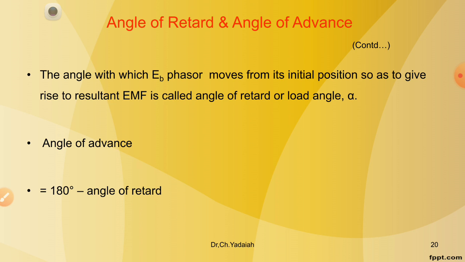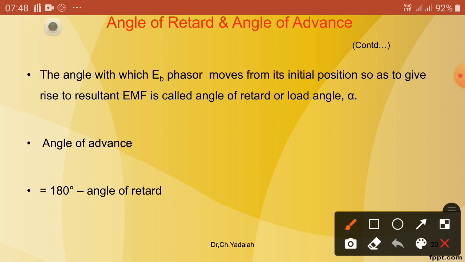What do you mean by angle of retard or angle of advance? The angle through which the EB phasor, the back EMF, moves from its initial position so as to give rise to a resultant EMF is called the angle of retard or load angle. Here we have V and here is EB.